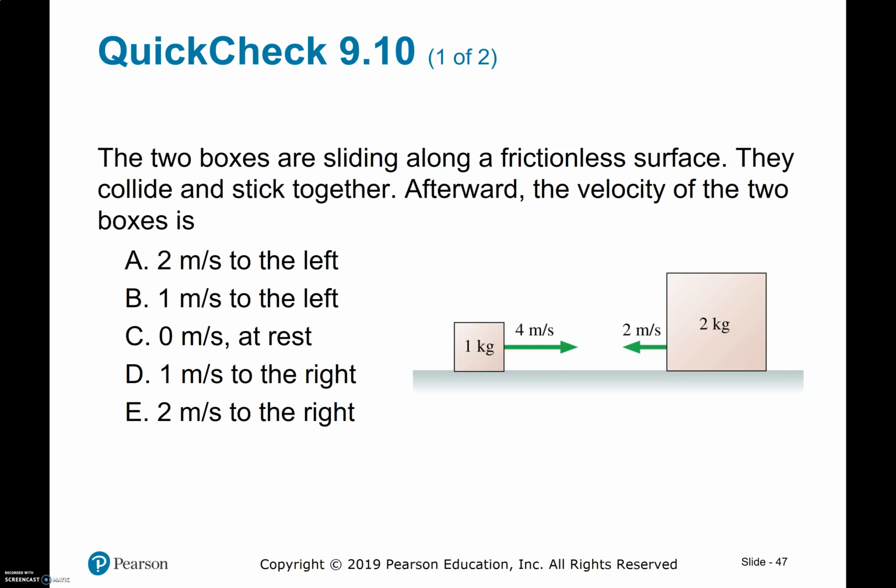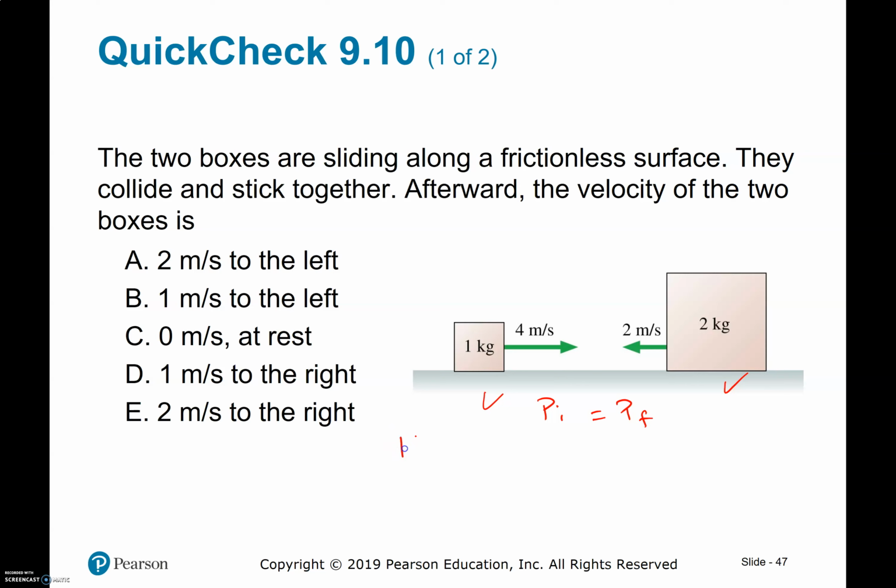So here's one, for instance. We have these two objects, 1 kilogram and 2 kilograms. They are coming at each other with these velocities, and after a while they collide and they get stuck. What is the final velocity? So let's just do our conservation of momentum. We have initial equals final. So what is the initial?